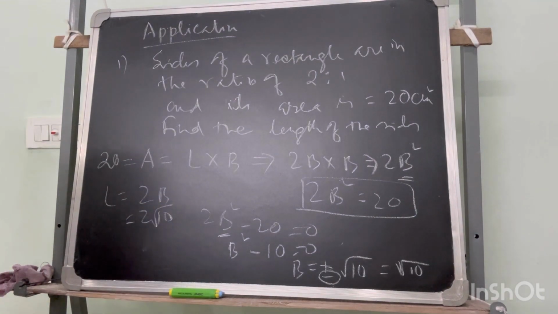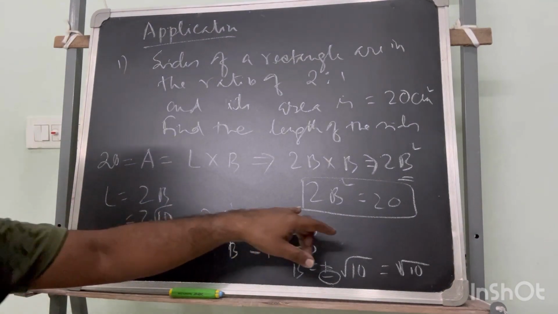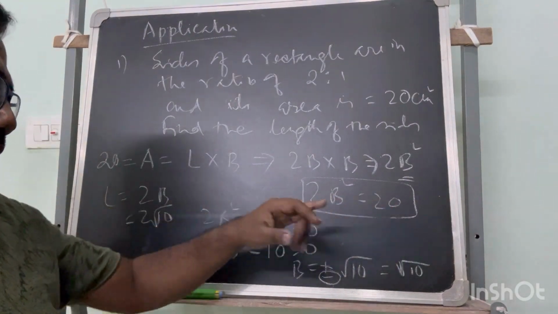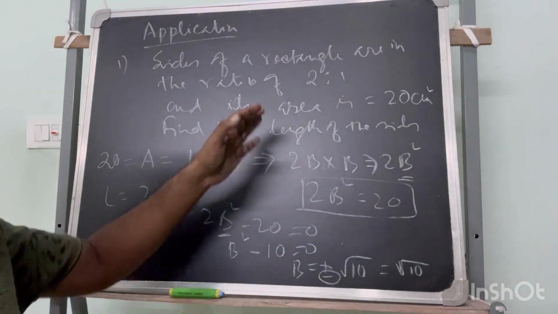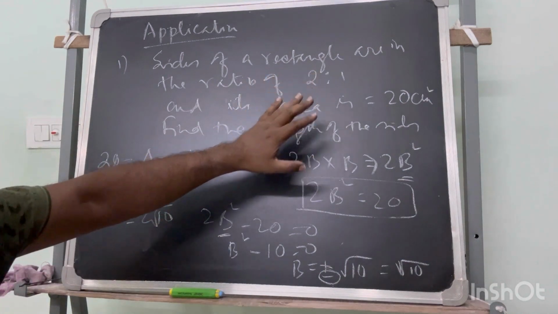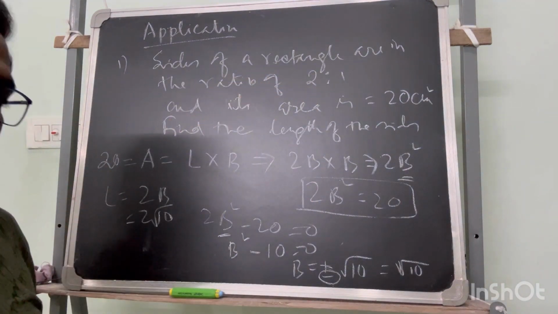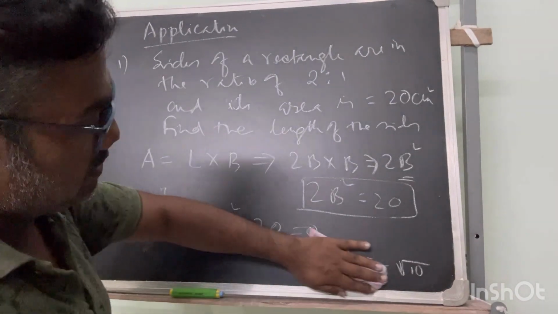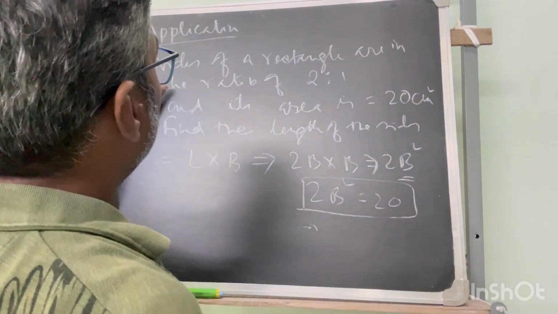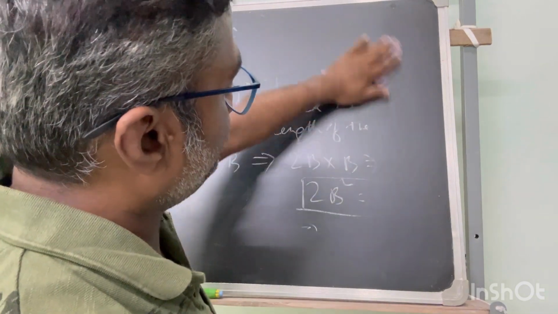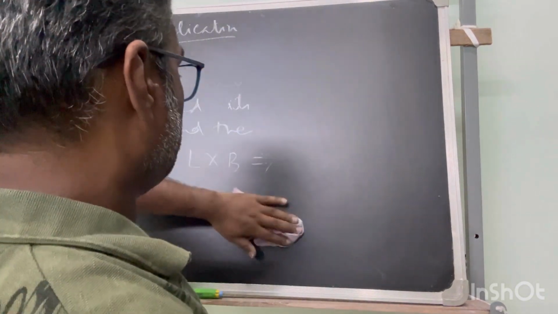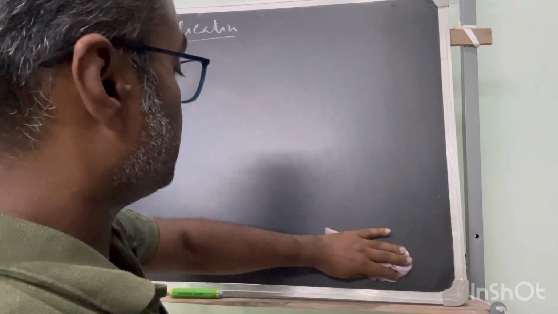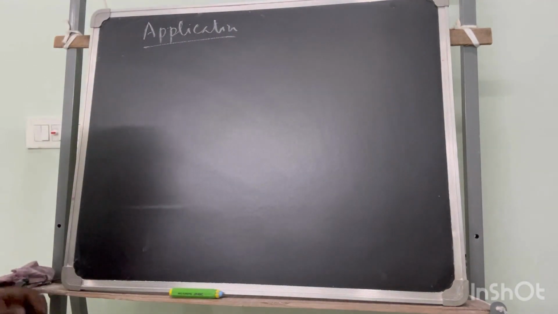So now see, this is one example where the quadratic equation is used to solve this problem. Another example, as I have already taught you in the case of speed and distance, the vector kinematics basically.